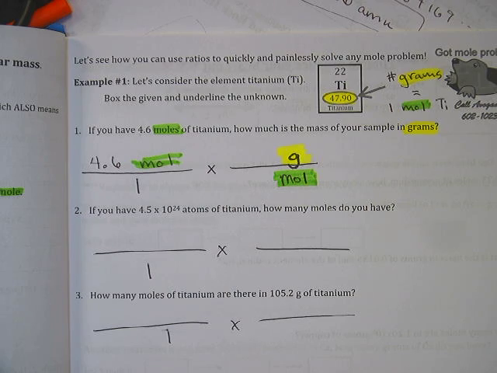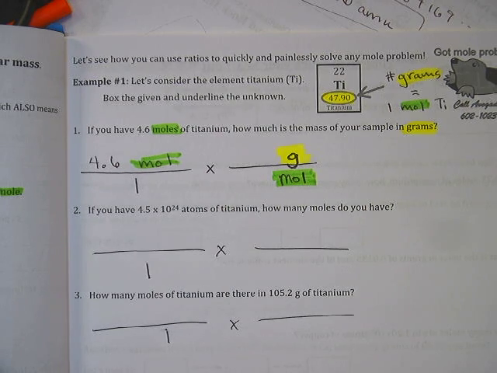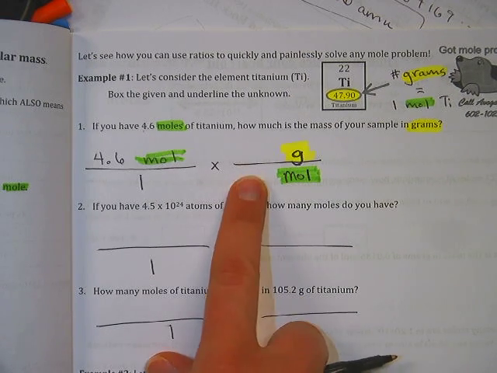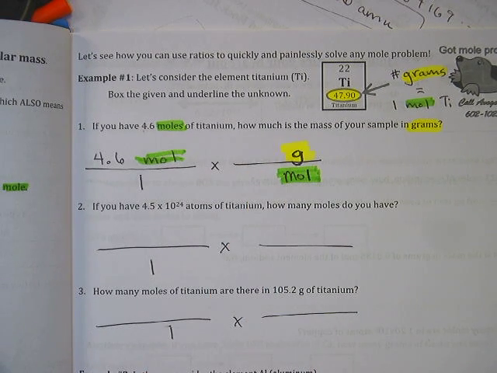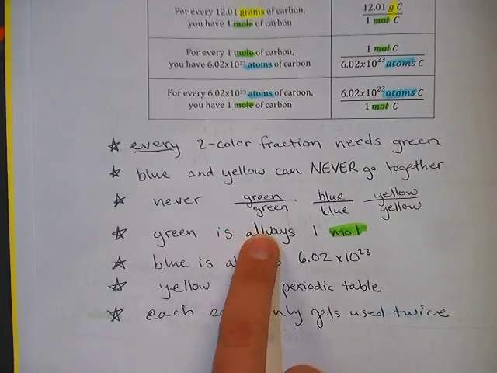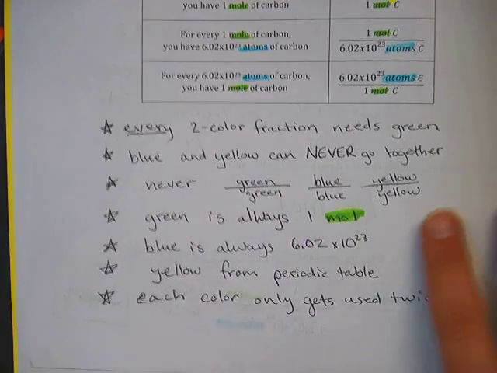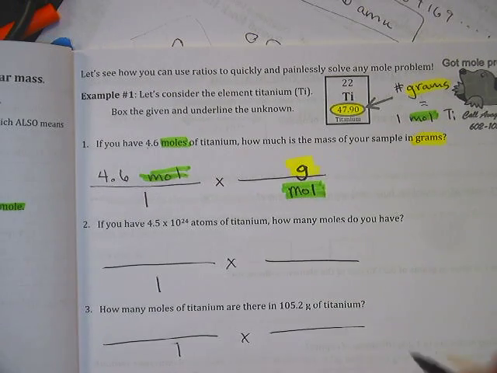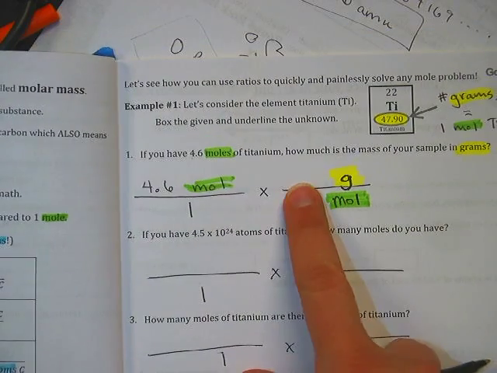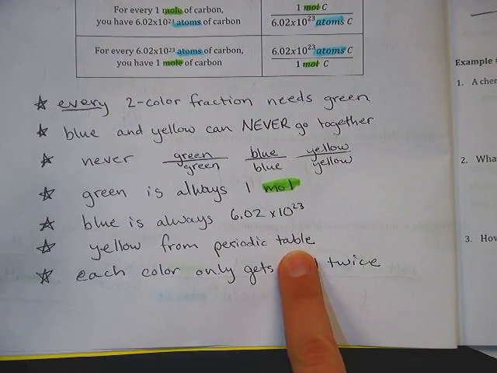And now that I have some colors in here, I need to also figure out numbers. What did we say is our number that always goes with green? We wrote that green is always 1 mole. So next to moles, we're going to put a 1. And what did we do for a number next to yellow? It's from the periodic table.